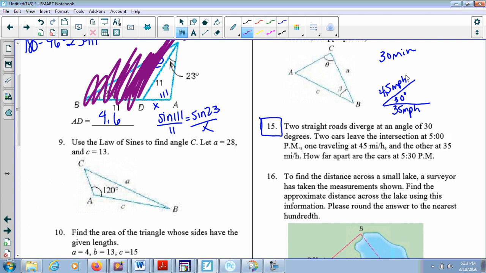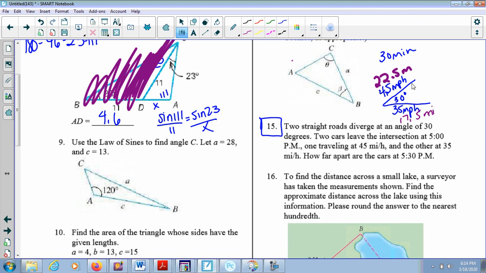Because if you do that much in 1 hour, in half of an hour you would do half of that. So the distance here is going to be 45 divided by 2, which would be 22.5 miles. And the same thing over here, we went 30 minutes at 35 miles an hour, which means we have traveled 17.5 miles.